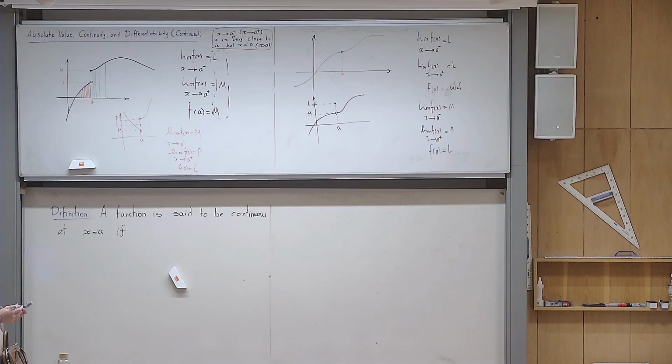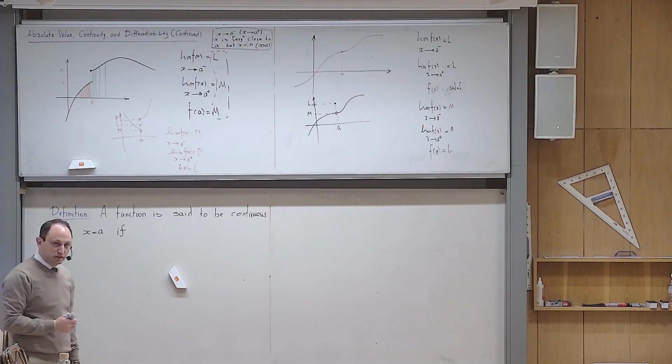Motivated by this, what can I write? It's on the board. So when do you think I have continuity? I have continuity if none of these cases that you see on the board occurs, yes?